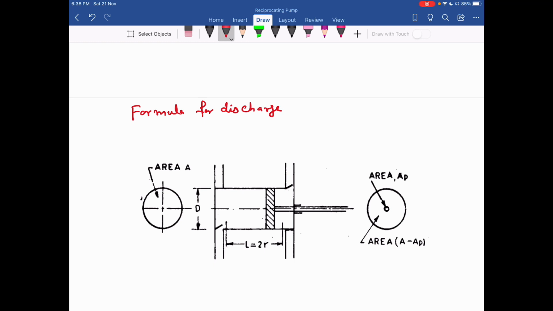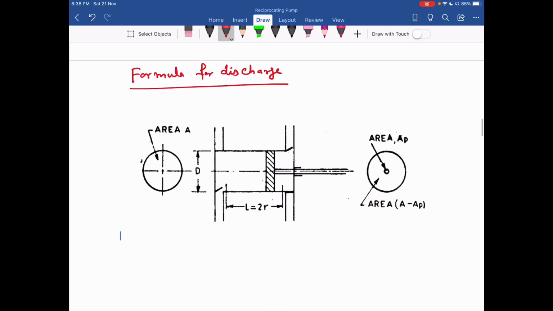Now you can see here, this is my single cylinder pump. Capital A is the area of cross section of the cylinder.